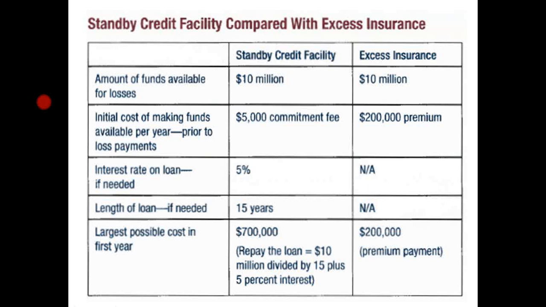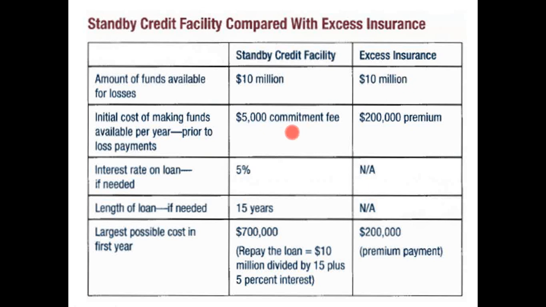Why would you want a standby credit facility compared with excess insurance? This is why it's maybe attractive for a large organization. Say they want $10 million available in standby credit, and with excess insurance they can get a $10 million policy, essentially saying that if they have a loss that exceeds a certain amount, that layer is going to pay up to $10 million and indemnify them.